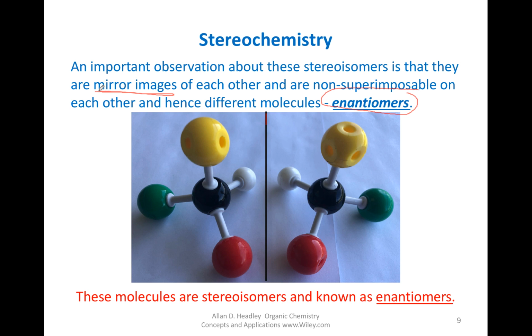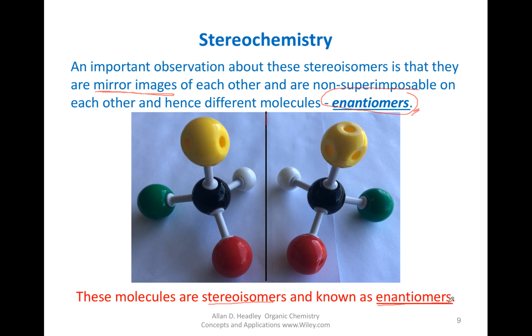Okay, so that's another observation: if stereoisomers are mirror images of each other, then they are different, and the relationship is they are enantiomers. So these molecules are stereoisomers, and to be specific, they are called enantiomers.